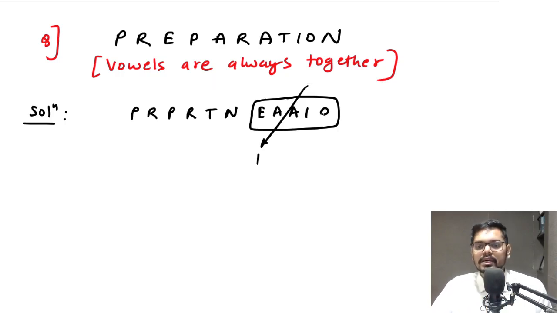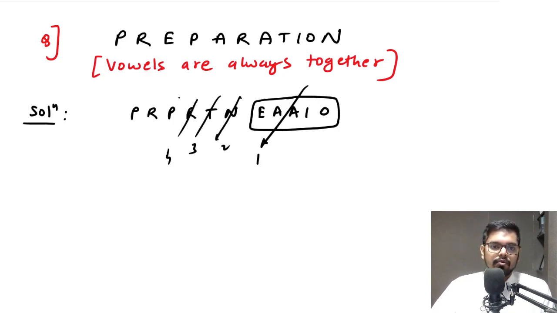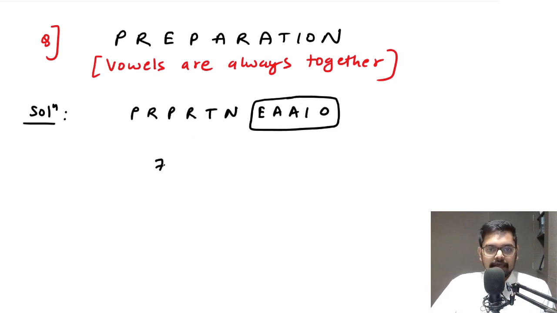Therefore, I'm making it a box so that they are always together and considering it as one player. Then this is second, third, fourth, fifth, sixth, seventh. So 7 players can be arranged among themselves in how many ways? 7 factorial ways. And the letters inside the box can be arranged among themselves in 5 factorial ways, right?